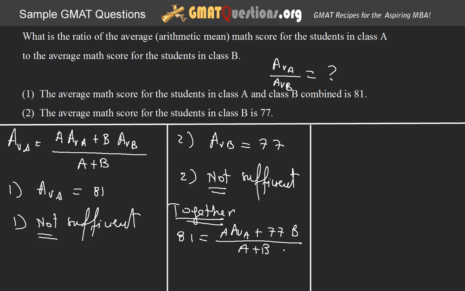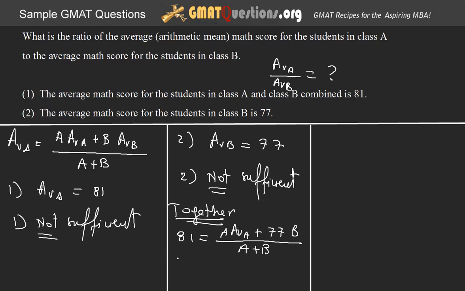The question is, can we really isolate AVA over AVB, which is 77? The problem is we will not be able to do so, because in order to do it, we would have to have 77 times B or times something else equal to AVA times something else. That's the only way we can extract the ratio, but we will not be able to do so.